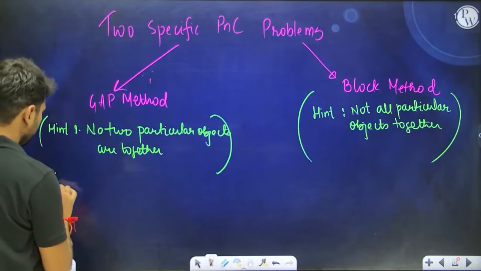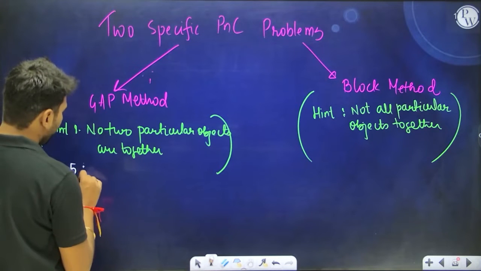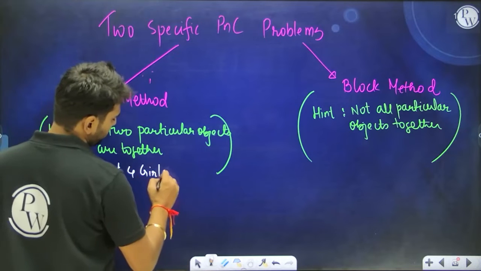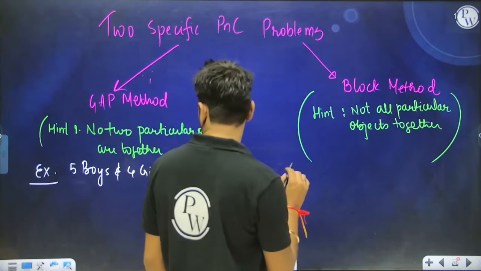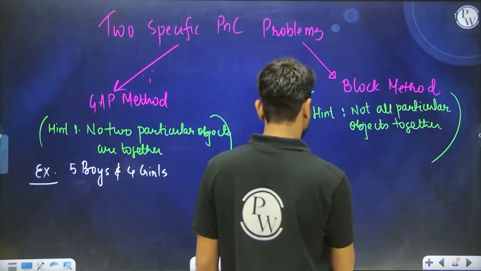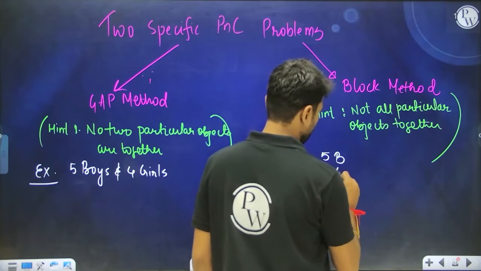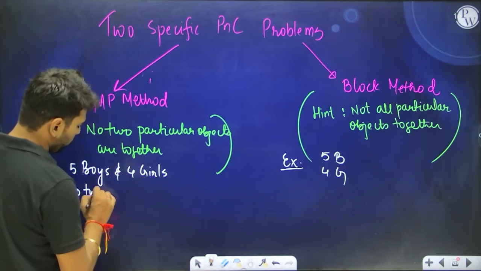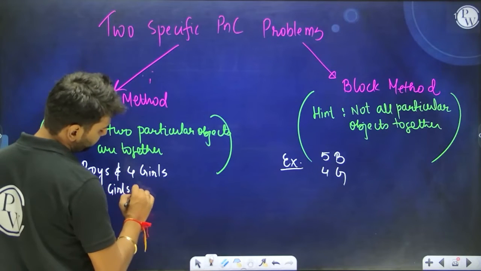Example. Let's say 5 boys and 4 girls are there. Over here the problem given to me is no 2 girls are sitting together.